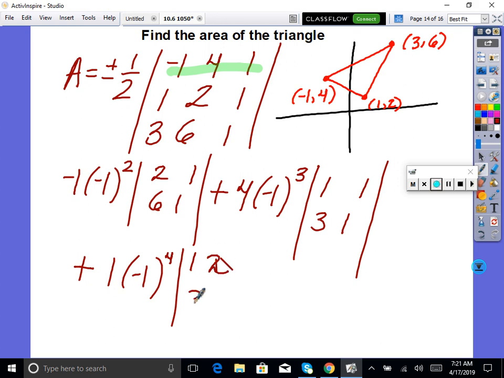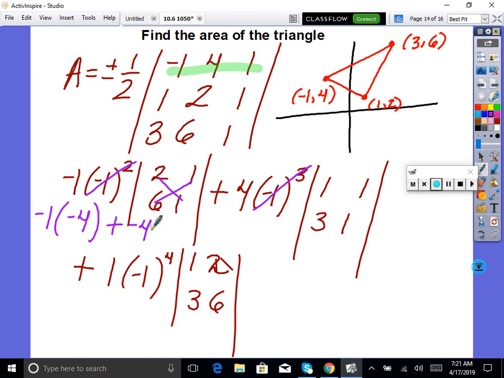1, 2, 3, 6. And you'll just start calculating. So let's look here. We have negative 1 times negative 1 squared. Negative 1 squared is positive. So we have negative 1 times by 2 minus 6. Negative 4 plus, let's go to the next one here. We have negative 4, because a negative to an odd is negative, times by 4.